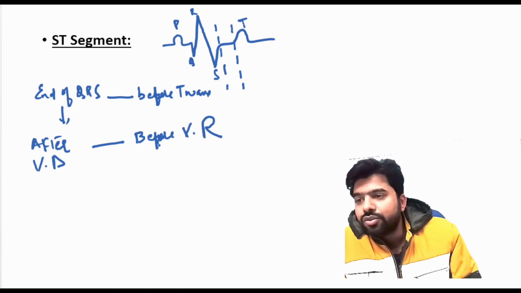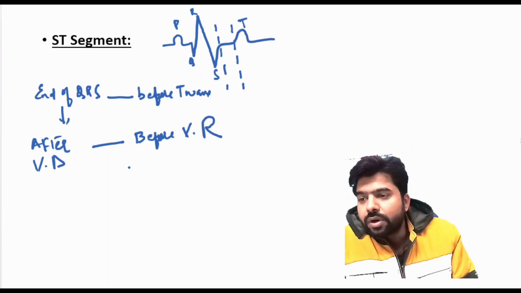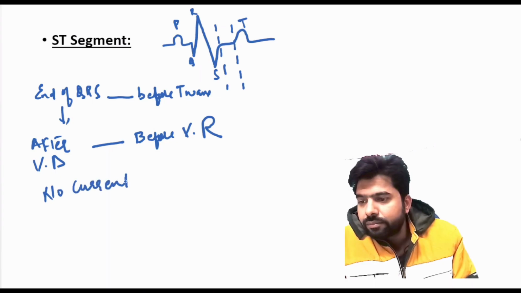Okay, so in the ST segment there is no current flow. So it is basically a straight line like this.